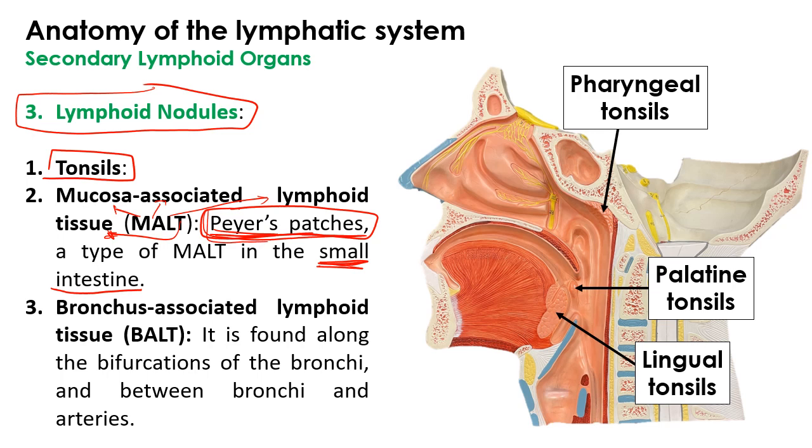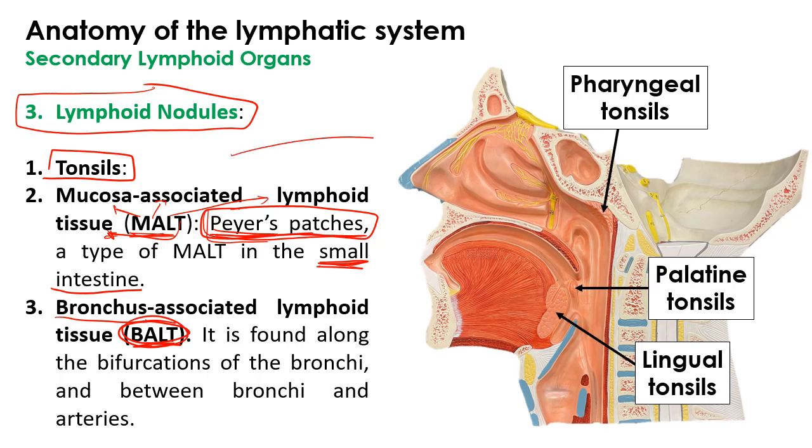They are also in the small intestine, but they're bigger structures than the lacteals. And then finally, in the respiratory system we have the bronchus-associated lymphoid tissue, or BALT, which is essentially the same. It just changed the name. Instead of mucosa, this is in the bronchus, so the name changed to BALT.